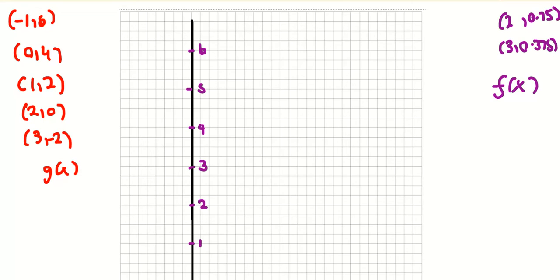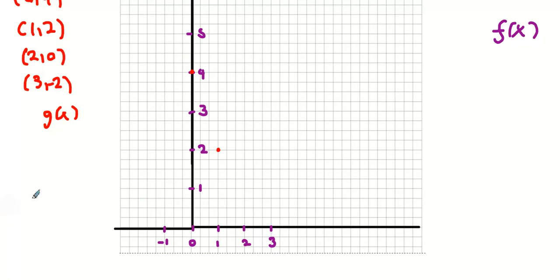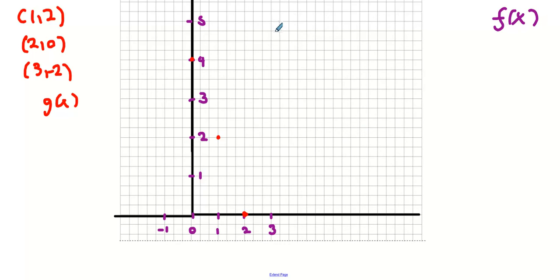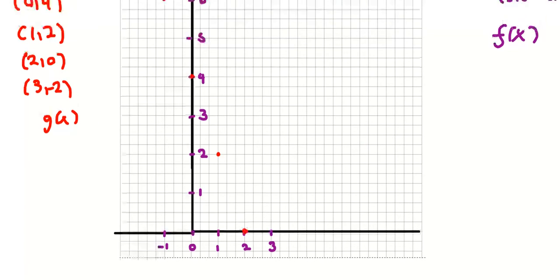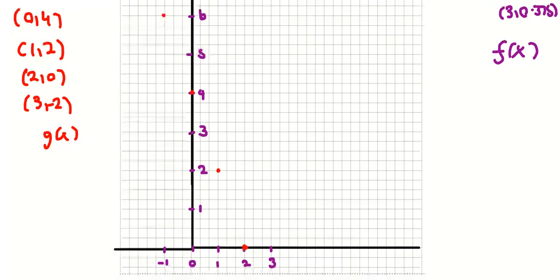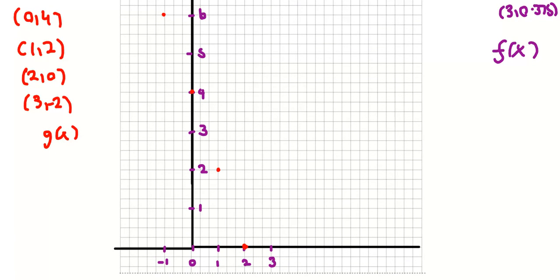The red line's quite easy because it's -1, 6, which will be here. Then 0, 4. Then 1, 2, then 2, 0. Nope. Now, the only problem I made here was that I can't fit in 3, -2 at the moment. So that was technically an error with the graph. So I'm going to have to pull it down slightly and see if we can fit in 3, -2 somehow.